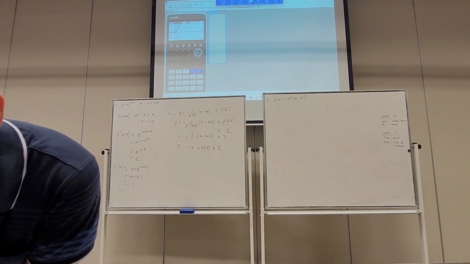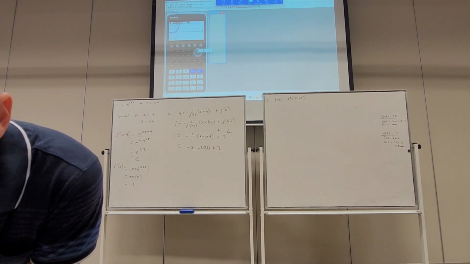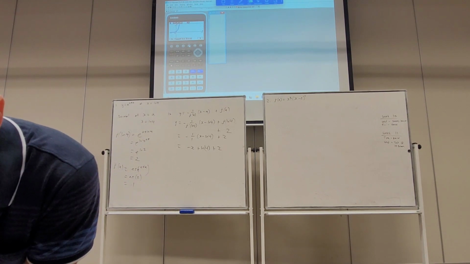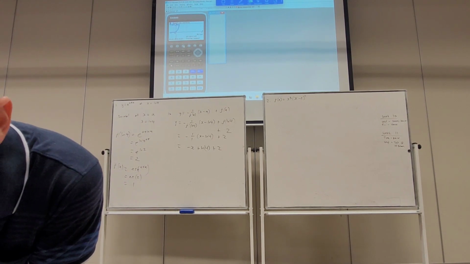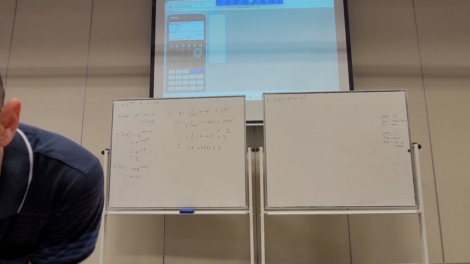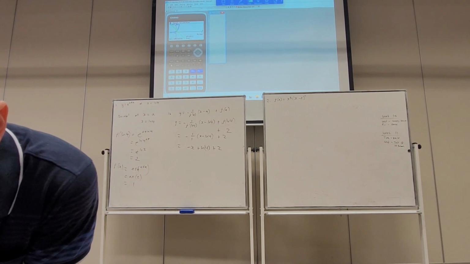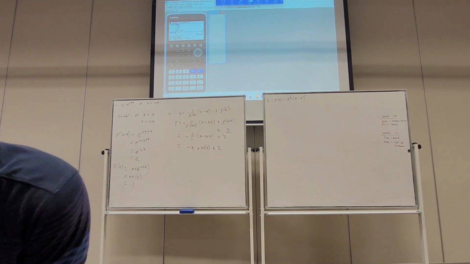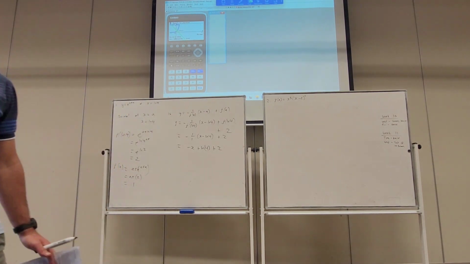We're doing the normal at x is ln 4. So we can go sketch, normal, and we want the normal at, and then we just type in an x value, ln 4. That's what it is there. And I think we press equals and it gives us the equation.